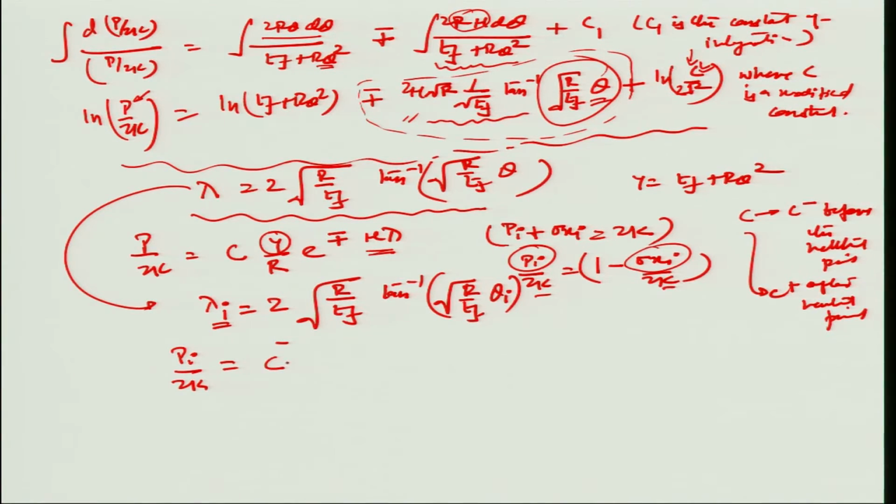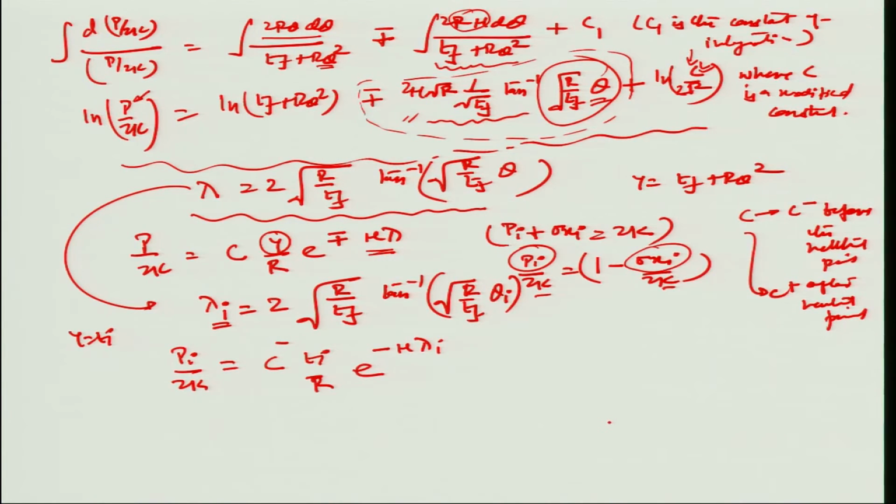So assume C minus here, and y at the initial point is equal to the initial thickness Ti times r e to the power of, because the friction in this particular case is playing as an enabler before the neutral point, we have minus mu lambda I.